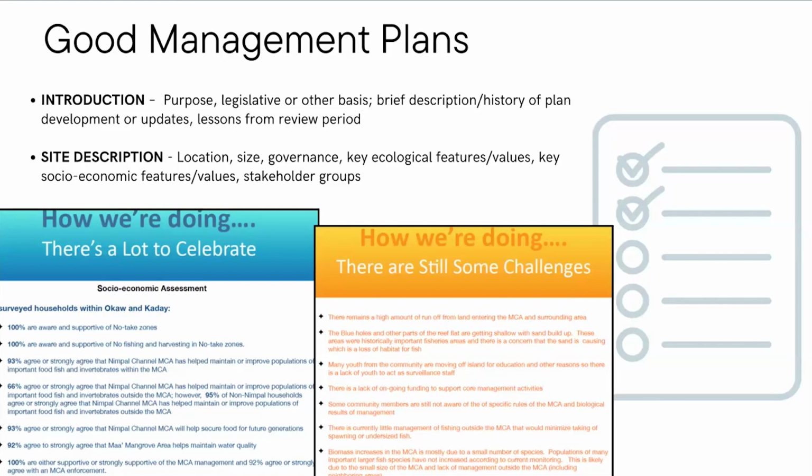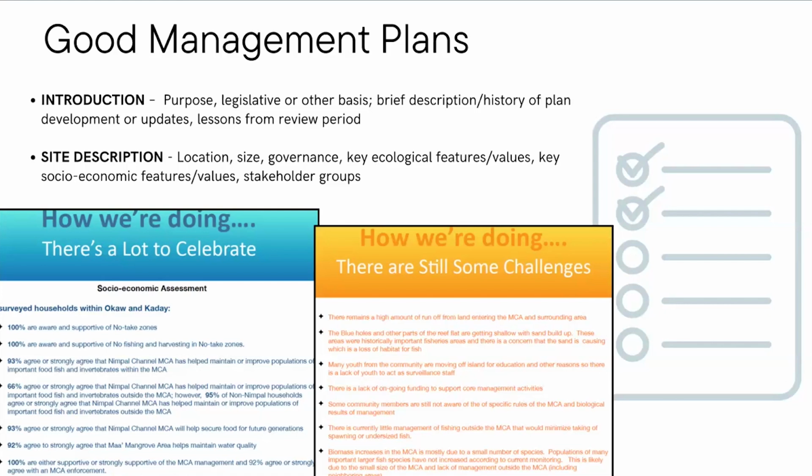And what I want to show here, again, this is from the NIMPAL example, is that capturing and sharing progress on what's been done and what challenges remain can be a really powerful tool, because people in the community, or outside the community organizations you work with, don't always know all the things that are happening. And you guys in your homework have shown you've done a lot of great activities already in these sites, but not everyone knows that.